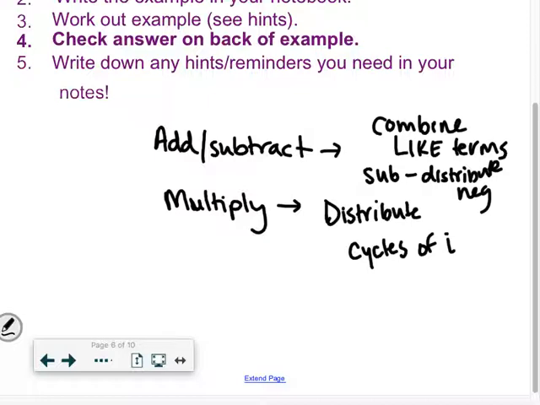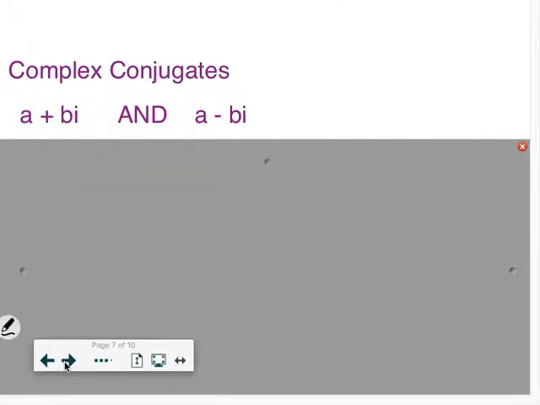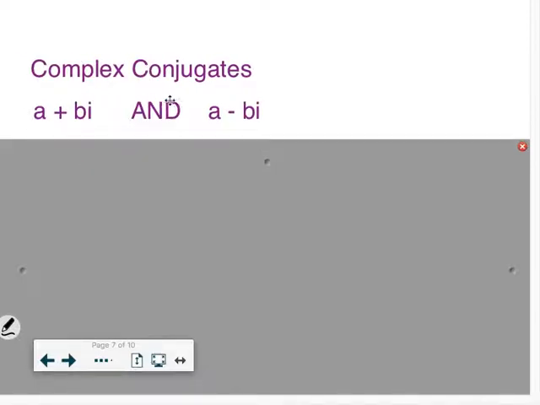Now, before we do our example for division, I want to talk about something called complex conjugates because we use them when dividing complex numbers. So I've actually mentioned the phrase conjugates a few times this week.